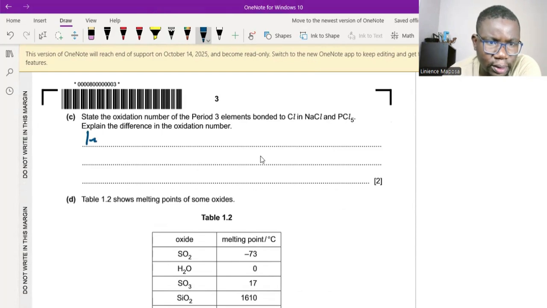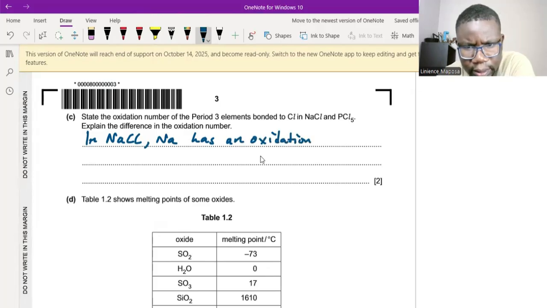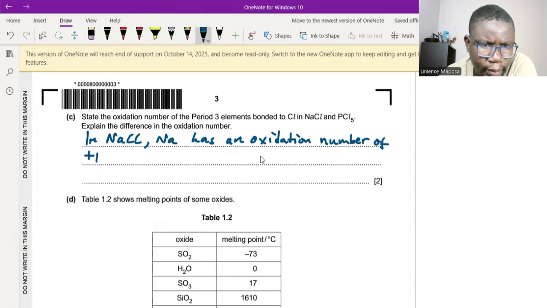In sodium chloride, sodium has an oxidation number of +1, and phosphorus is, what is the oxidation state?